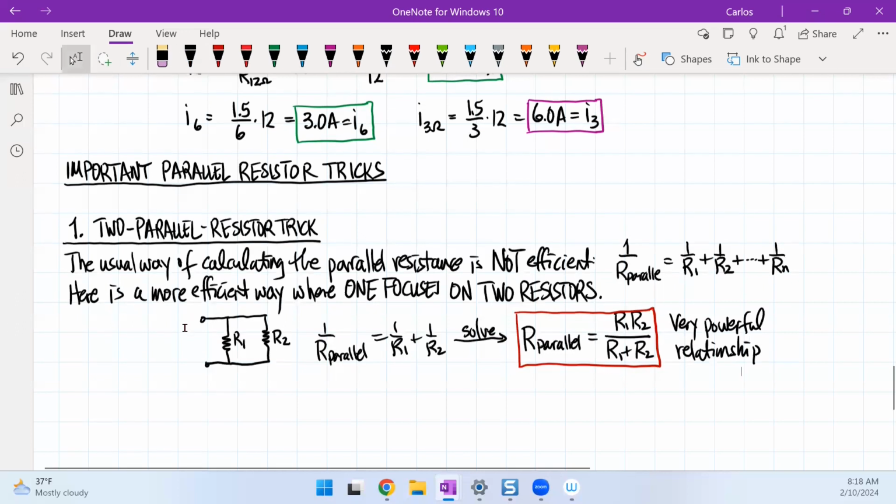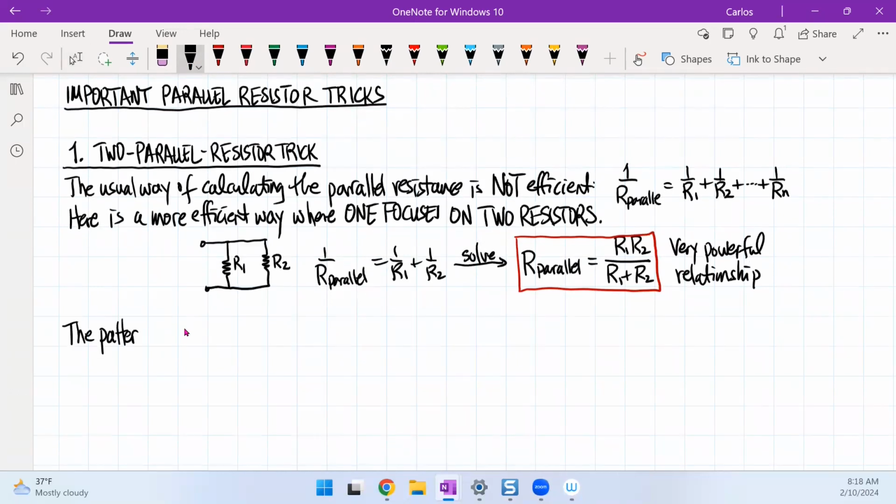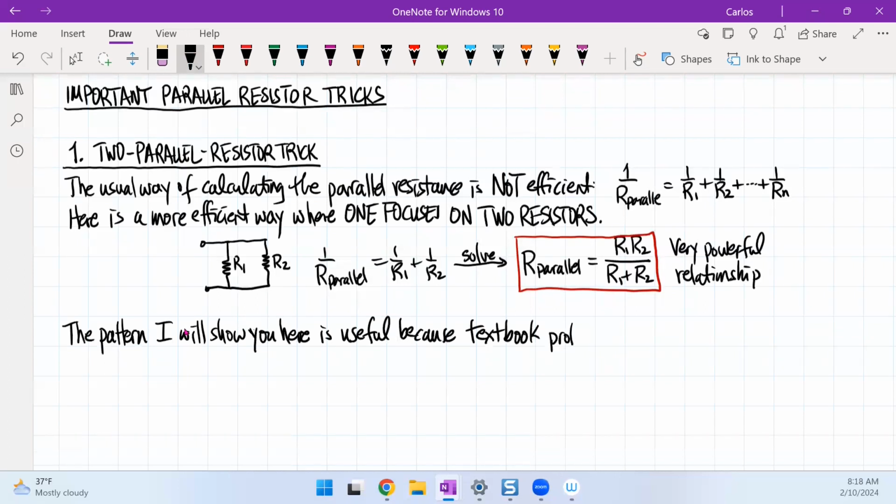Now, what you want to think about is that the pattern I will show you here is useful because textbook problems use nice values for resistors.